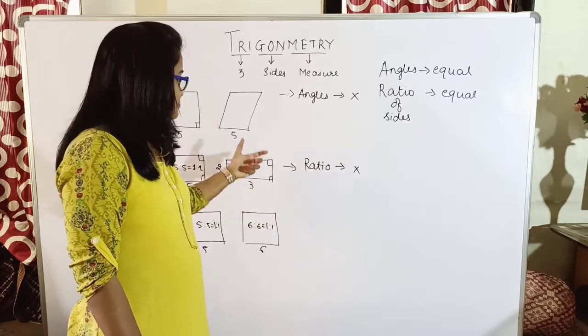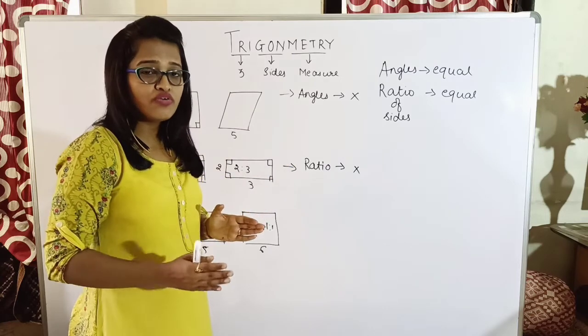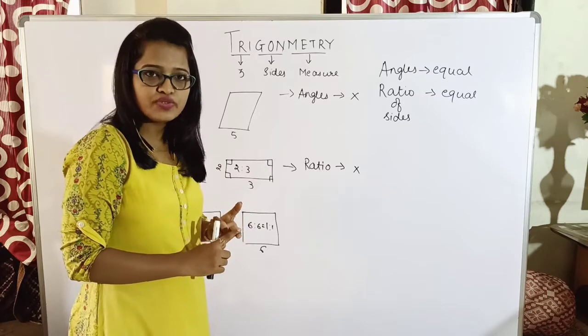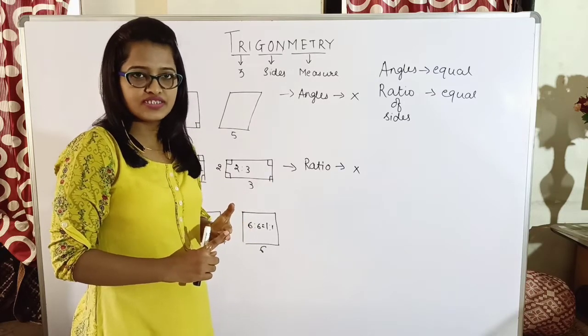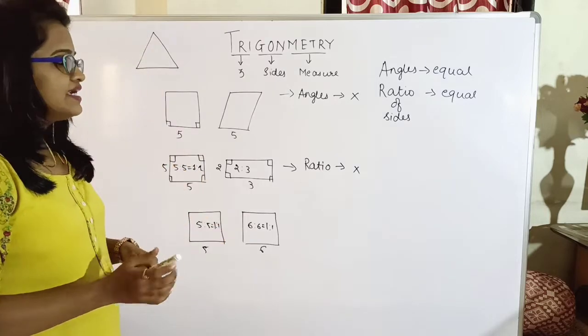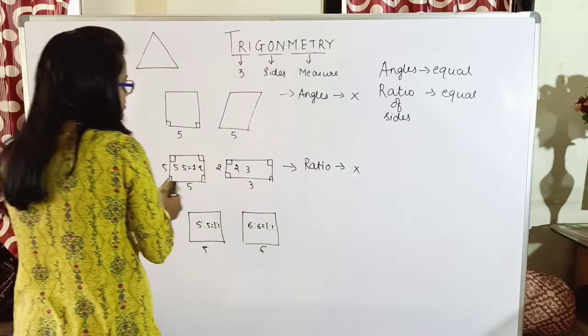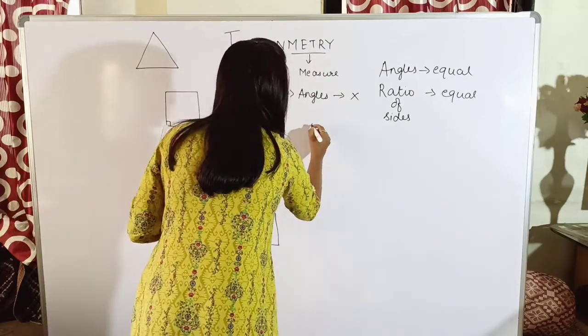If only ratios are equal, still the figures are not similar. So what do I want? I want both conditions to be present, that is, the angles have to be equal as well as the ratios of sides have to be equal, isn't it? But let us take the example of a triangle. Now let us see. Suppose now I am taking a triangle.